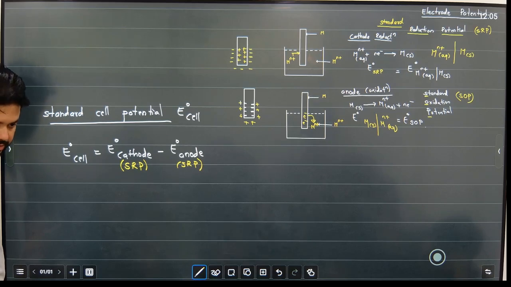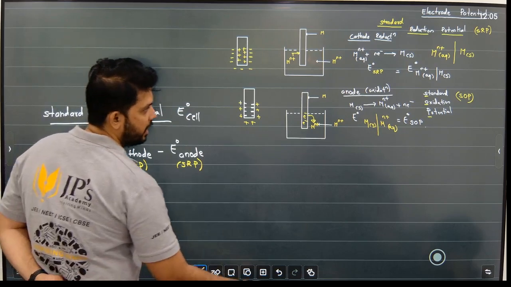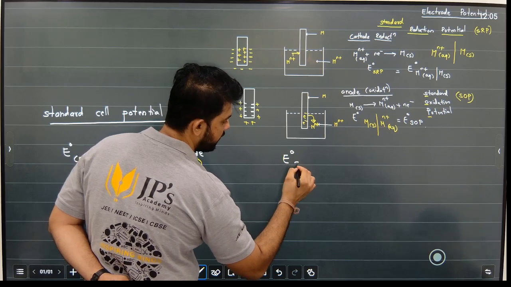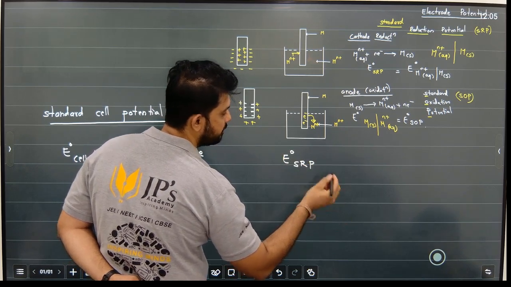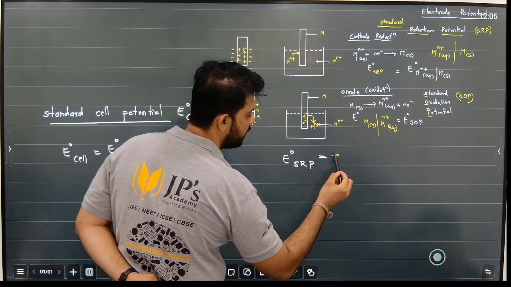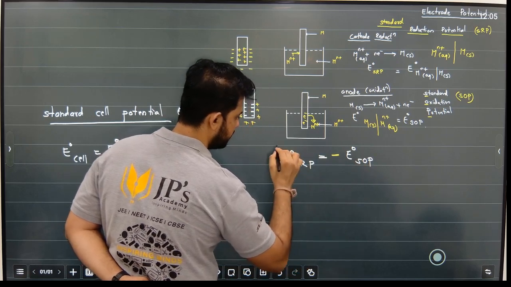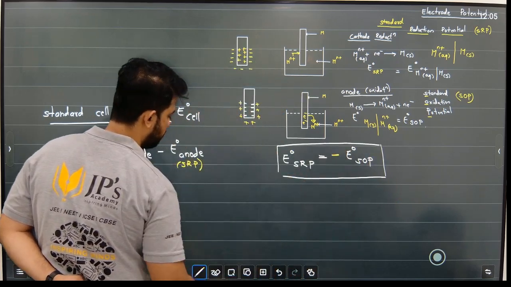Standard reduction potential. Now, what can be the relation between SOP and SRP? Can I write E naught SRP is equal to minus E naught SOP? And hence you can also modify this formula.